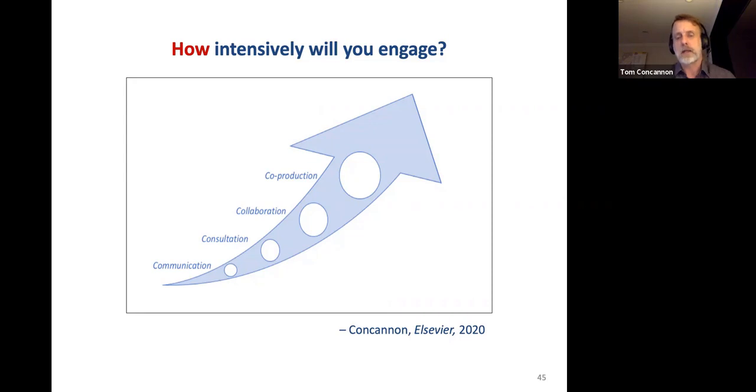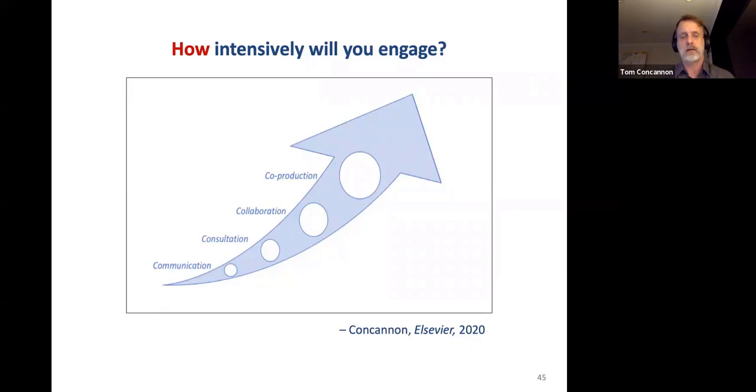This is derivative of a classic paper by Sherry Arnstein from 1969 that identified 8 steps in the ladder of participation, but it's a simplified model of that. And the implicit recommendation is that as you go up this ladder of intensity, you're increasing the volume of engagement activity and potentially increasing the benefit to the research of the engagement activity.